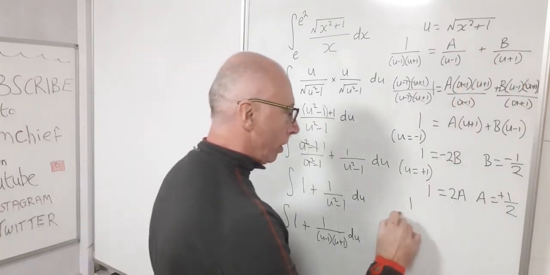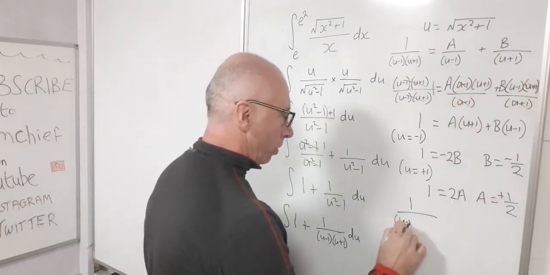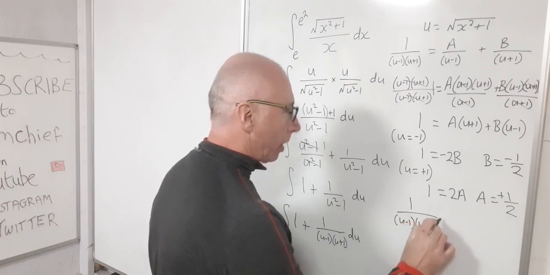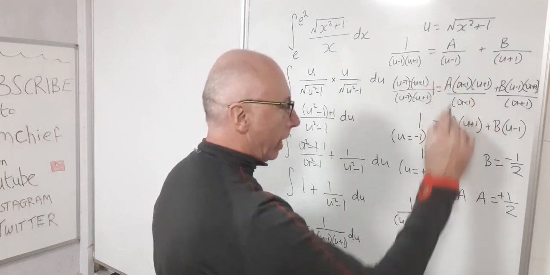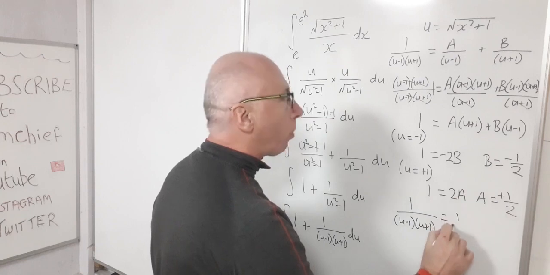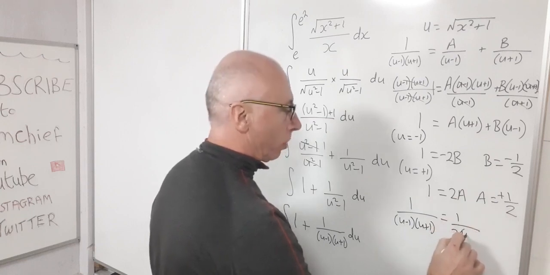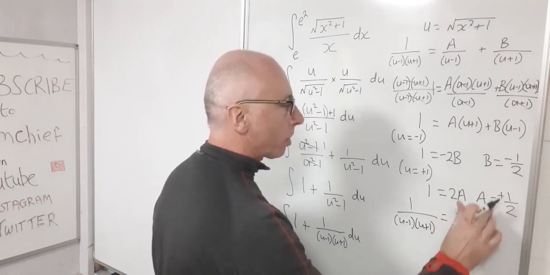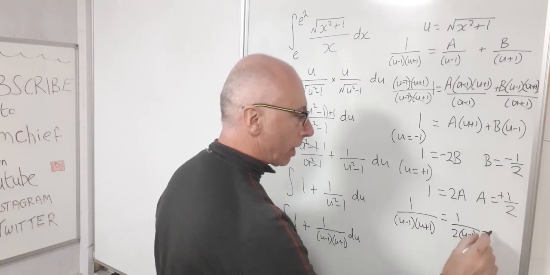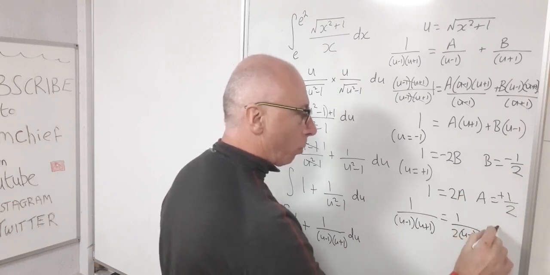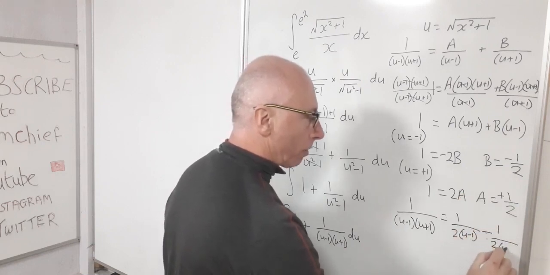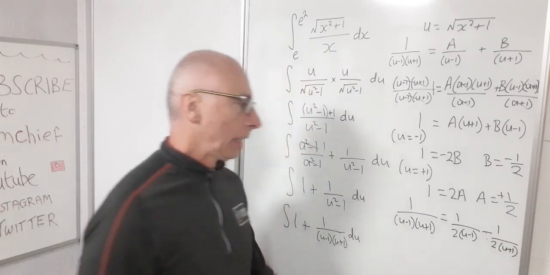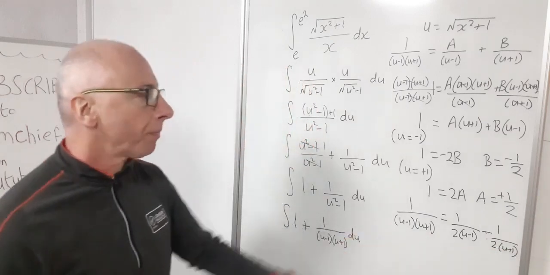So 1 over (u minus 1)(u plus 1) equals 1 over 2(u minus 1), minus 1 over 2(u plus 1). So that is the same term.